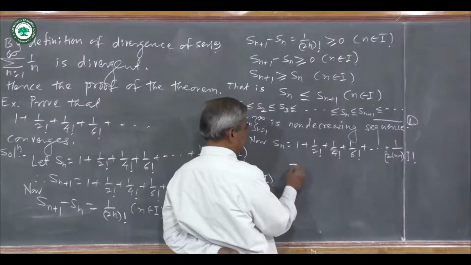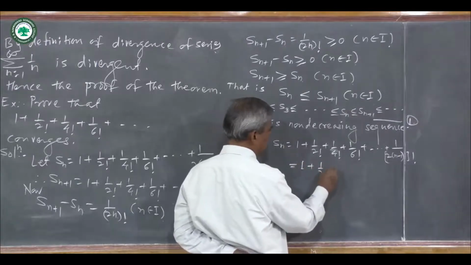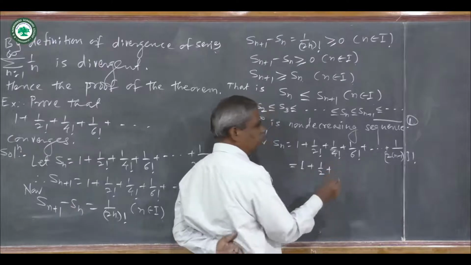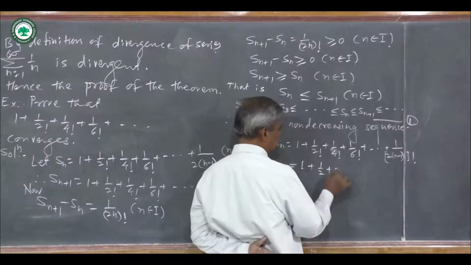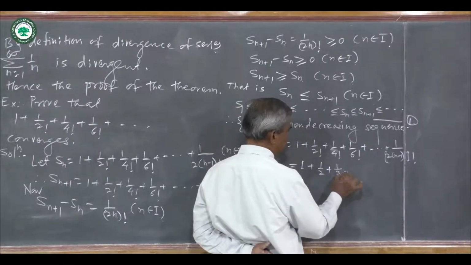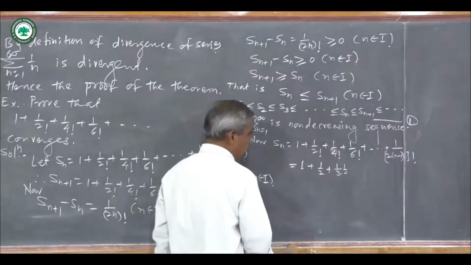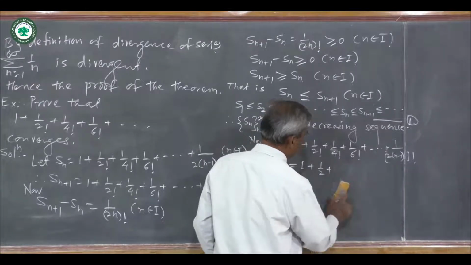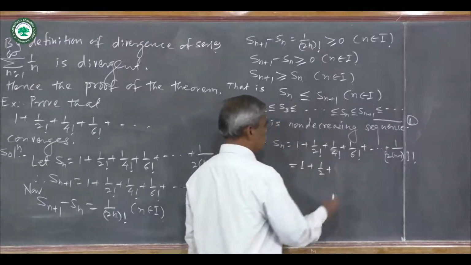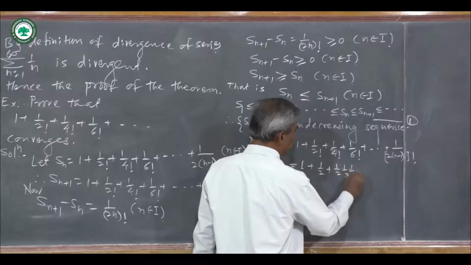This is equal to 1 plus 1 by 2, plus 1 upon 4 factorial, which is 1 into 2 into 3 into 4, that is 1 by 2 into 1 by 3 into 1 by 4.